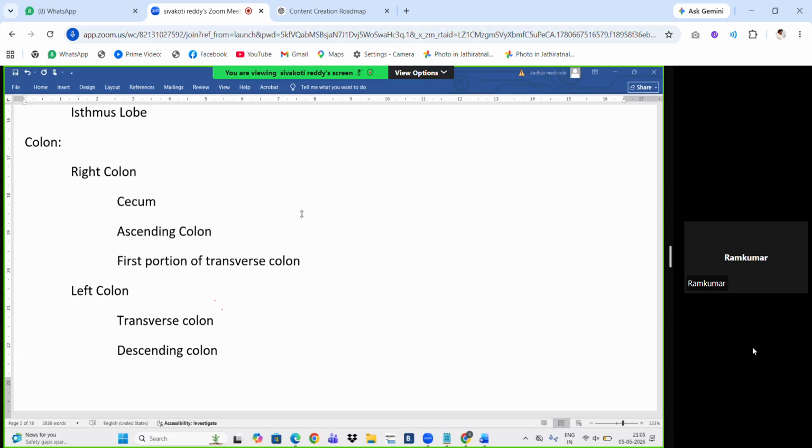Thanks. Next, in the colon, if they did sigmoid colon or ascending colon or transverse colon or entire colon or cecum, if they removed it, also resection. Complete colon, or we have the parts in the colon, right? Ascending colon, descending colon, sigmoid colon, transverse colon. If they removed any of those, also consider it resection.